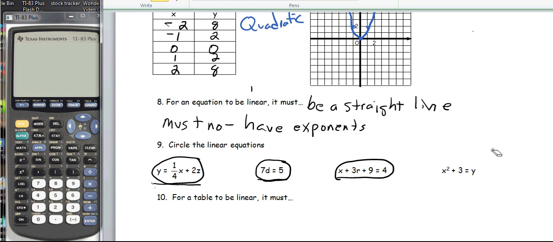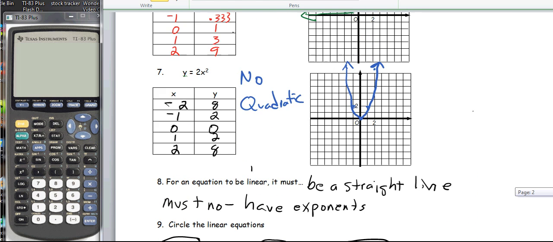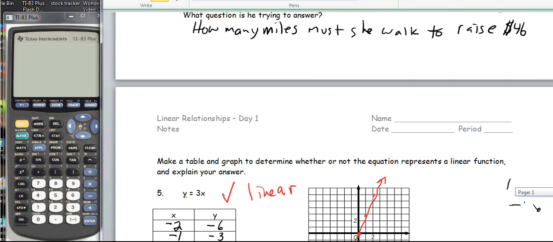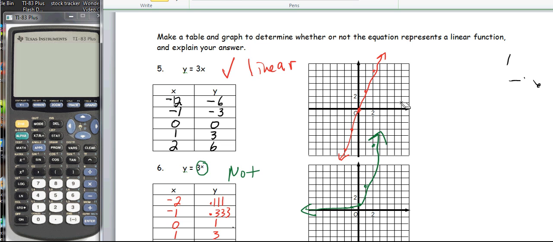All right, for a table to be linear, I want to scroll back up here for just a moment. I want you to notice that this goes up by 1 there, by 1 there, by 1 there, by 1 there. It doesn't have to always go up by 1, but I want you to see that as these go up by the same amount, from -6 you have to add 3 to get there.